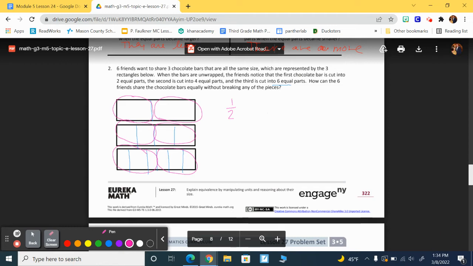Some candy bars have more pieces, but the halves are all equal. So I have 1/2 is equal to 2/4 because 2 of those parts is the same. And it's also equal to 3/6. Okay, so that's how we can show that they are all getting the same amount.